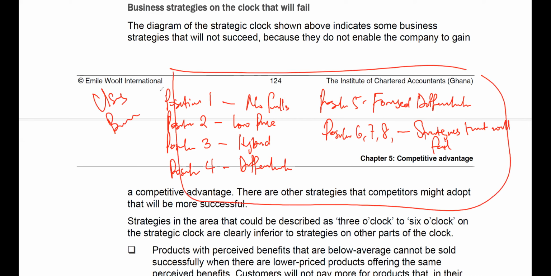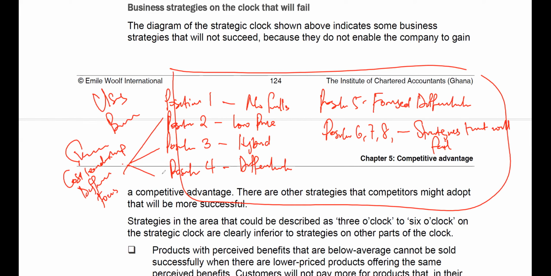Or you can say using the generic strategies, then you give cost leadership, differentiation, focus. But you know, it is those same strategies that have been broken into this, right? Yes, it's the cost leadership, differentiation, and focus that has been broken into these strategies.